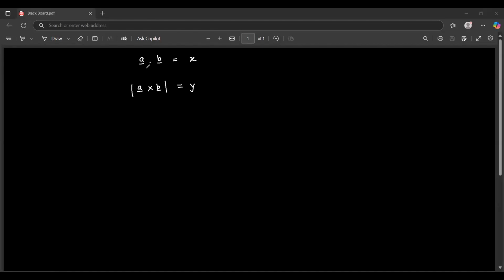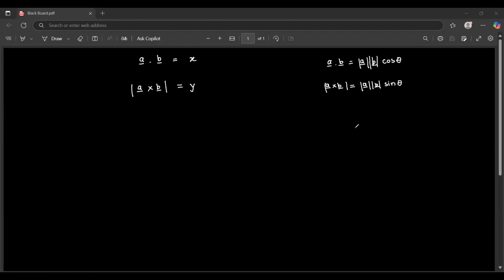Here you just have to look at the theory that we have learned in the scalar product as well as the vector product. We know that the theory states A dot B is equal to modulus of A modulus of B cos theta, and the magnitude of A cross B is equal to modulus of A modulus of B sine theta.